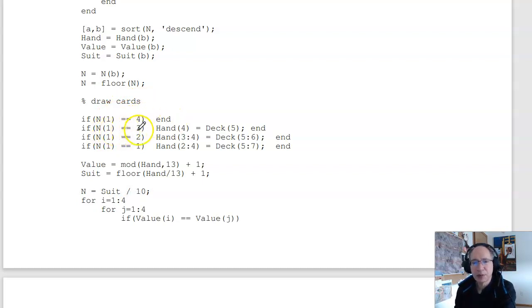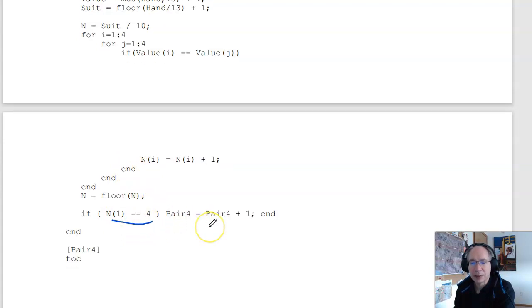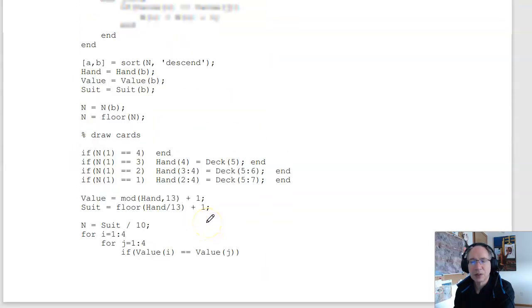If the most frequent card is 3, throw out the last card, draw a new one. If the most frequent card is 2, draw two new cards. Most frequent card, there's only one of them. Draw 3 new cards. And then recount the frequency of each card. And if I have 4 of a kind, increase that. So that's a Monte Carlo simulation.